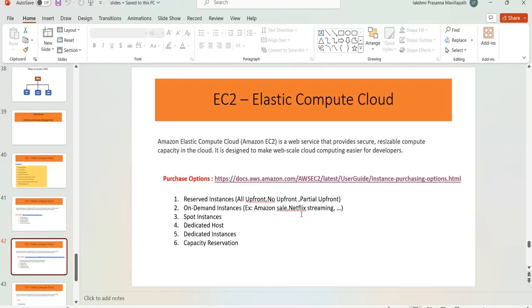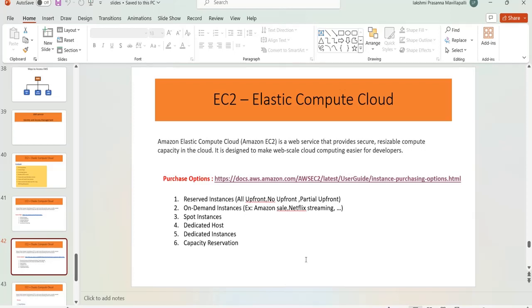This is a new application. You don't have the complete audience for it. You are not sure if this application will be used by 10 members, 1000 members, a million members, or 1 lakh members. But you want to deploy it to make sure your application is up and running and available for all the end users. So in that case, you can go with on-demand instances.